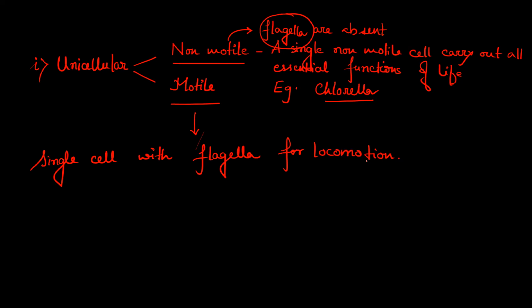The unicellular forms may be spherical, oblong, pear-shaped, or sometimes elongated, bearing flagella. Right? If we quote an example here, the best suited example is Chlamydomonas.